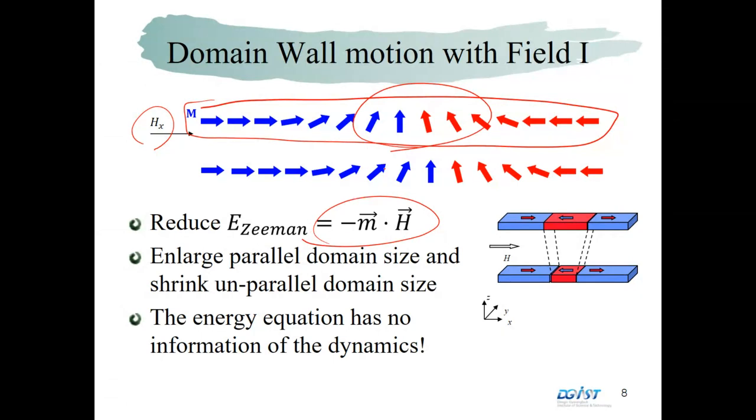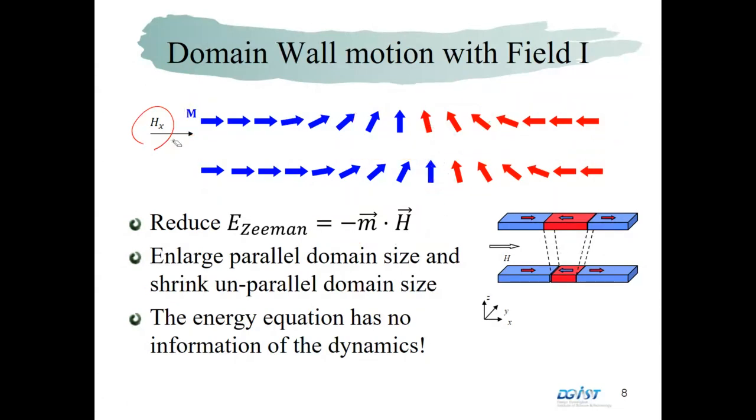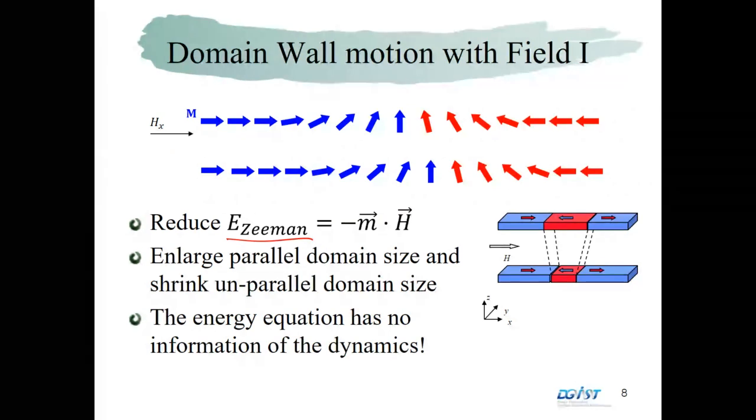So to lower the system energy, this domain part is enlarged, and this part will shrink. If we have one domain in the right direction and another in the left direction, with the external field this domain area gets larger, and this domain area also gets larger, but this domain area gets smaller. This is the result of the energy minimization, especially the Zeeman energy.